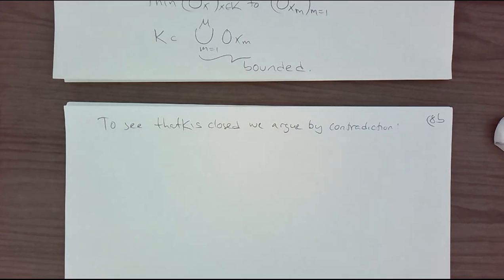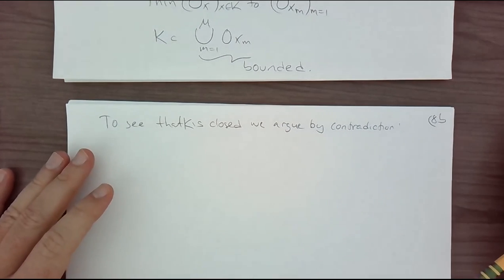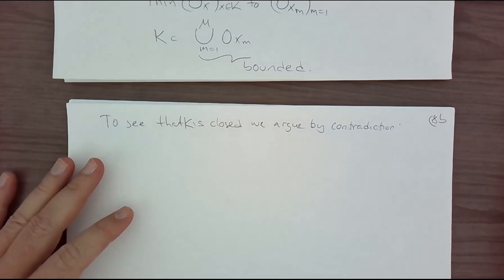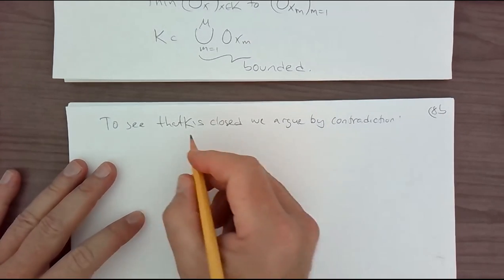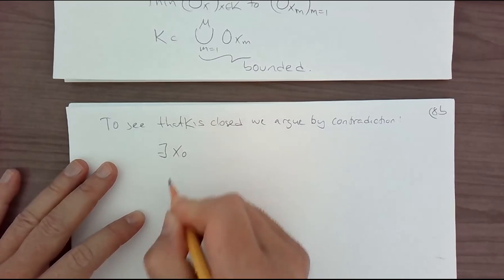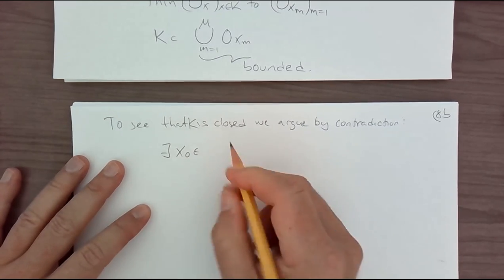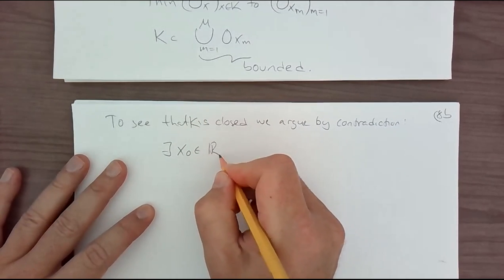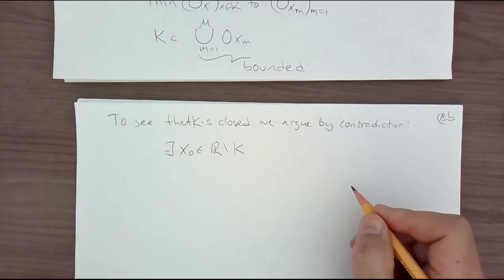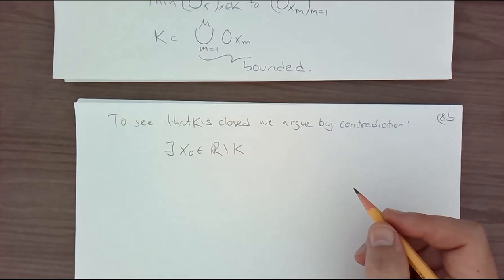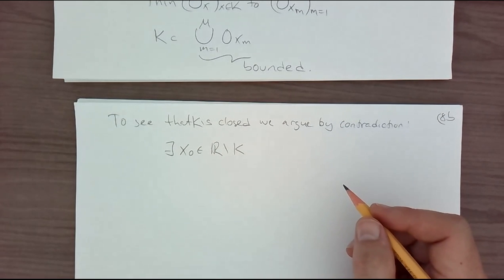If it's not closed, then there's a limit point of it that won't be included in there. So there exists some point x0, K is inside R, so this point here is outside K, and this is a limit point.